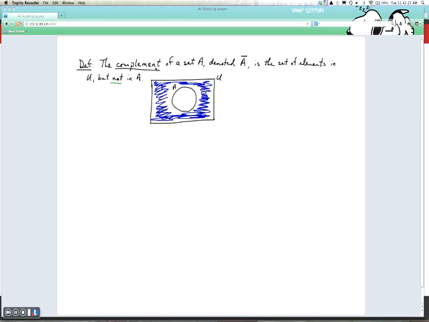And then similar to this, in fact it's very similar to this, is the notion of the difference.